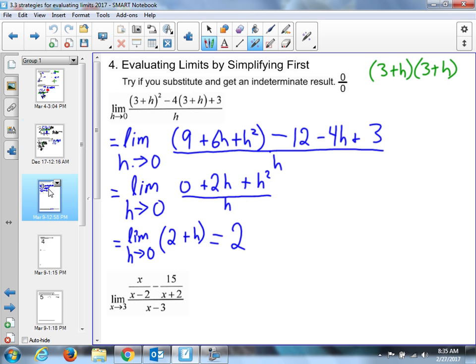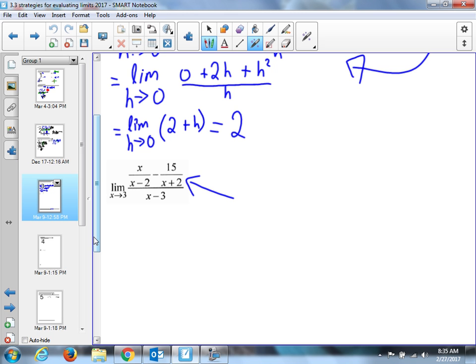Lastly, if you get 0 over 0 and it doesn't look like you can factor, simplify the numerator, see what you get. I left one here, but it would be the same kind of thing, and I had one in the textbook for you to work on. Chances are you're going to get something with x minus 3.